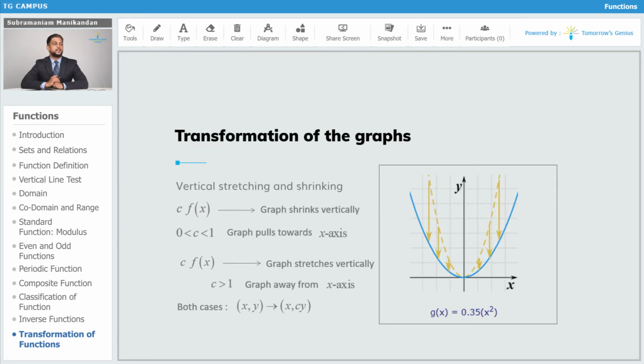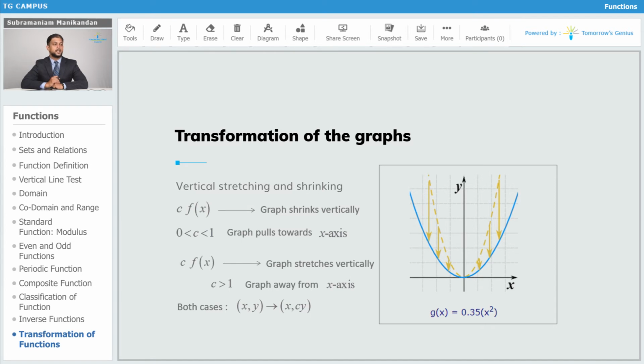Vertical stretching and shrinking happens when the function gets multiplied or divided by a non-zero real number. So c times f(x) shrinks or stretches the graph vertically, depending upon whether c is a number less than 1 or greater than 1.